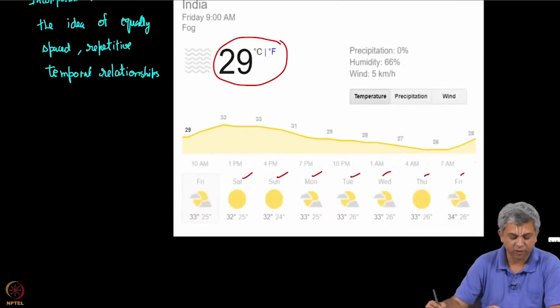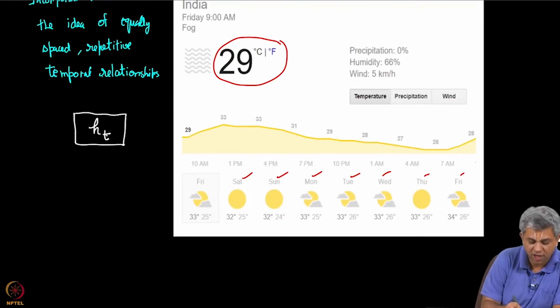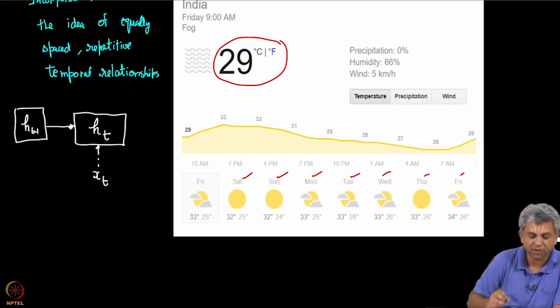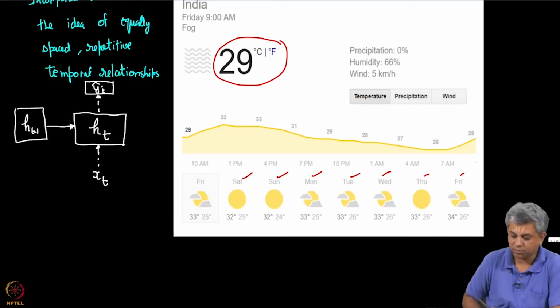Mathematically we will write it this way: in any box you have the following going on, you have ht, sometimes you have xt and sometimes you do not, you have ht minus 1 coming from the previous instant of time, and you will see later that sometimes you take out an output and sometimes you do not.